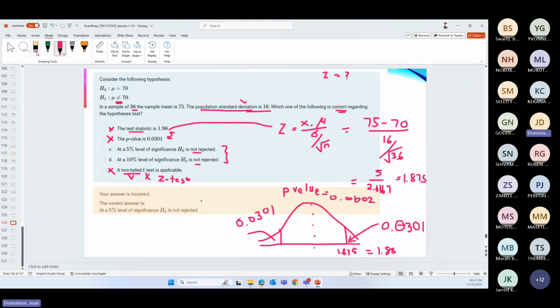Okay, so our p-value is not just that small area because we're actually working with a two-tail. Remember, it is both the left tail and the right tail that we need to add together. So it's 0,0602.